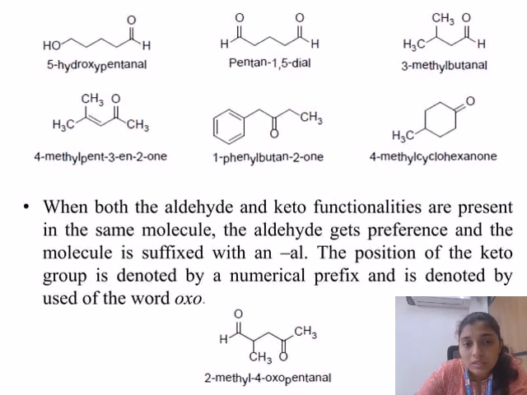Now here you can find that ultimately it is a 5 carbon chain, so we can use pentane. But here is one more addition: that 5 carbon chain contains one double bond, and we know that a double bond is not called alkane, we represent it as alkene. Here, in between the third and fourth carbon, you can find the double bond, so we are calling it 3-en.